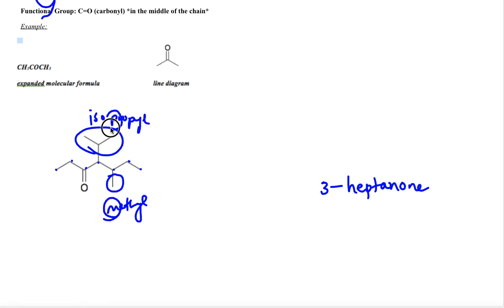Alphabetical is based on the number of carbons in my substituent, not based on any prefixes. So the methyl is going to come first. That is on carbon 5. So I have 5-methyl, 4-isopropyl, 3-heptanone. And make sure you're including dashes between the numbers and the letters. So at this stage, you can complete the exercises on page 27 and 28.